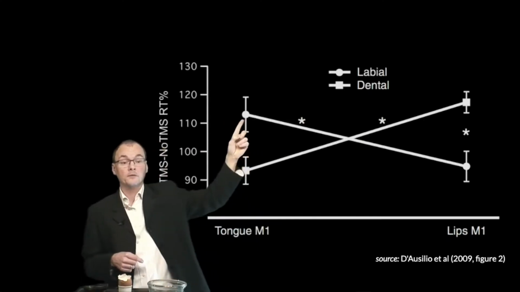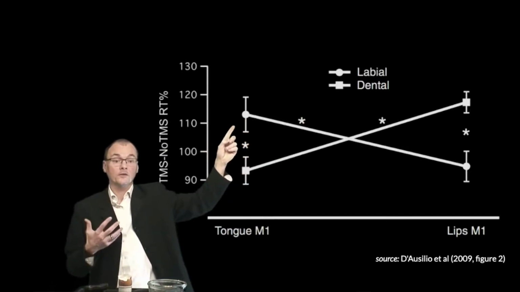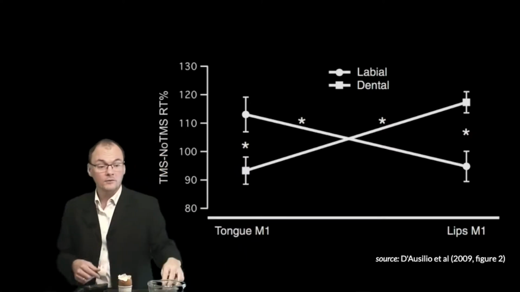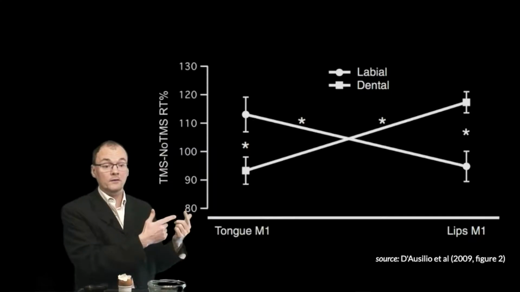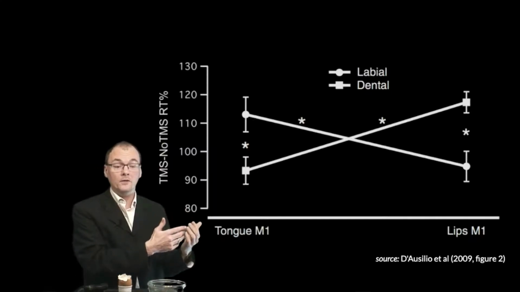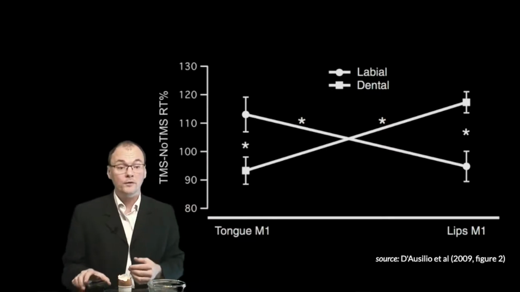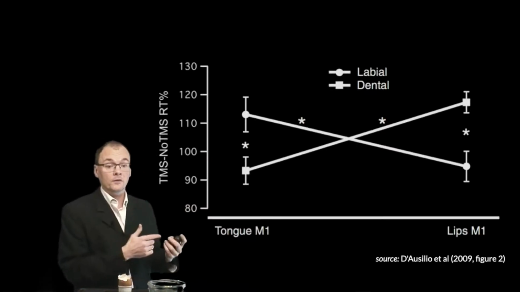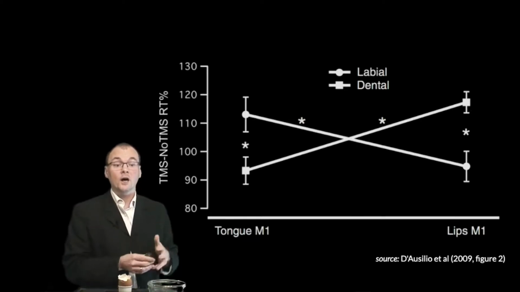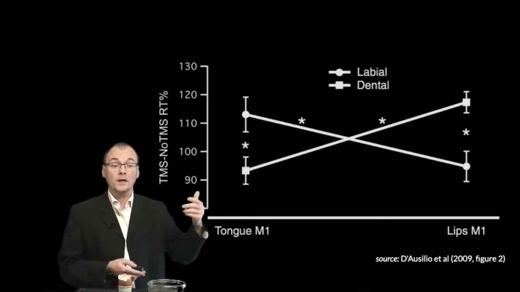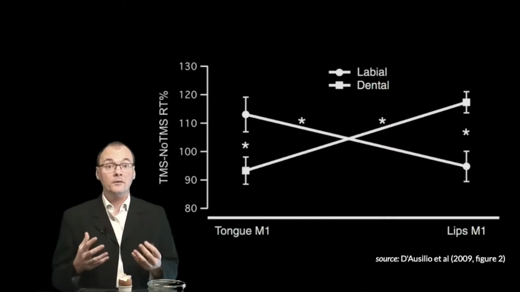They'll be slower to recognise the phonetic gestures involving the tongue and faster involving the lips. So here you have this beautiful interaction between the kind of phoneme that's being recognised and the part of the motor cortex that's being artificially boosted by the TMS. What this tells us is that the motor representations involved in producing those phonetic gestures are also facilitating recognition of those gestures as well in this case. And that is the double life of motor representation.